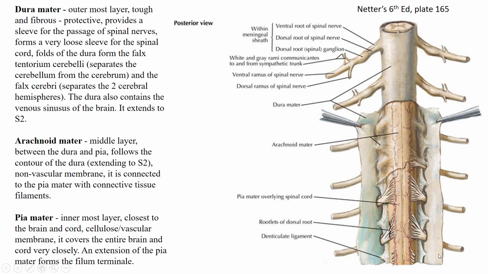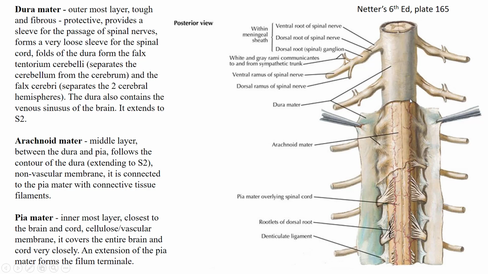So talking a little bit more about each layer of the meninges, the dura mater is the most outer layer, and it's the toughest. Again, I think of that as a durable layer. It's more fibrous, and it provides a coating not only for the spinal canal, but for all the spinal nerves too that come off of the spinal canal. So that coating goes all the way out each nerve.